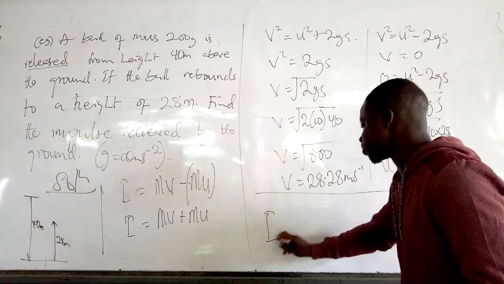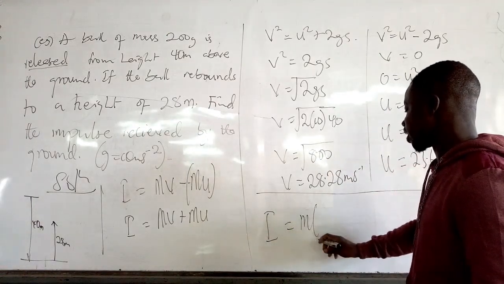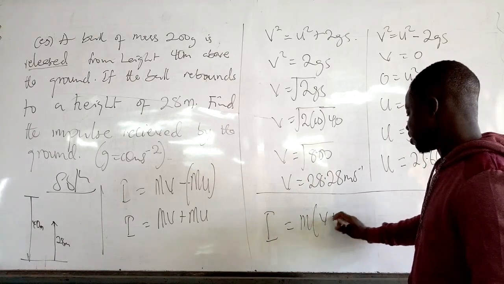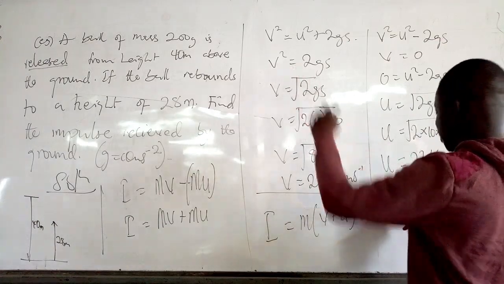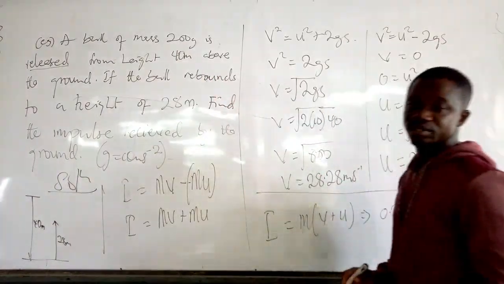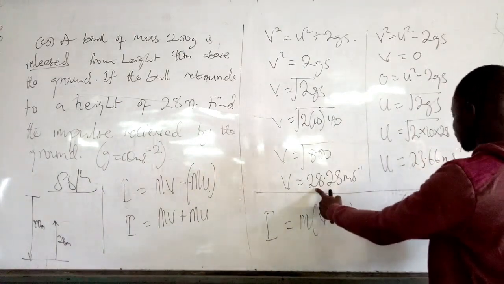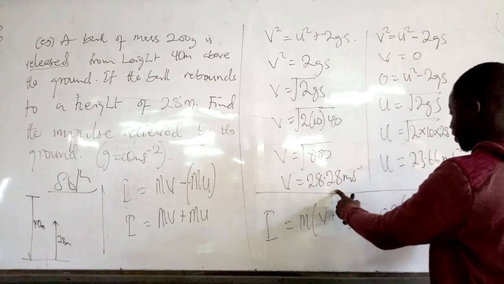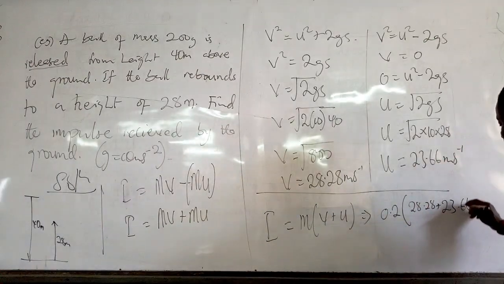Therefore, the impulse received by the ground, I, is given by m into bracket v plus u. And that is going to give me the mass, 0.2. We divide 200 grams by 1,000 to convert it to kilograms. Into bracket 28.28 plus 23.66.